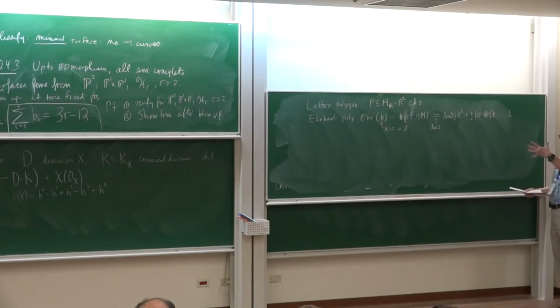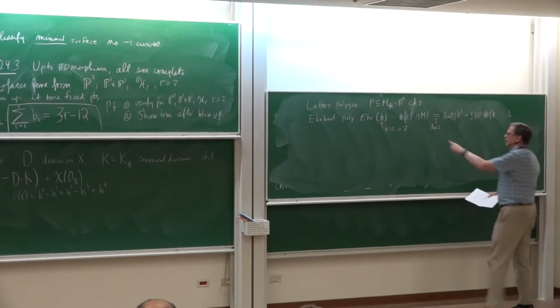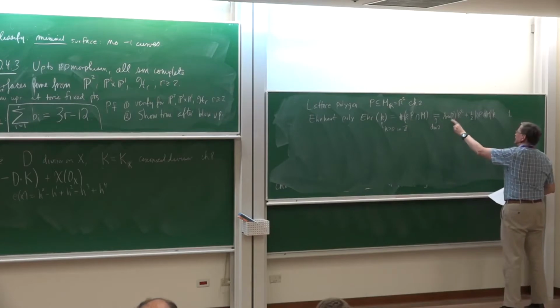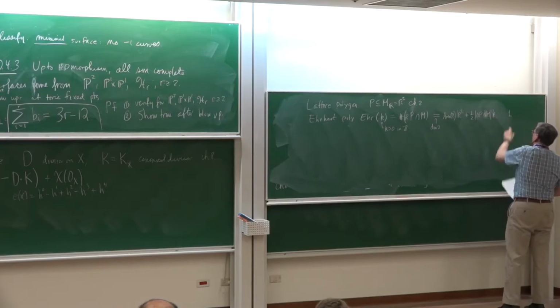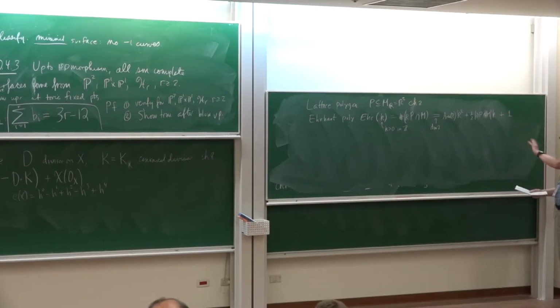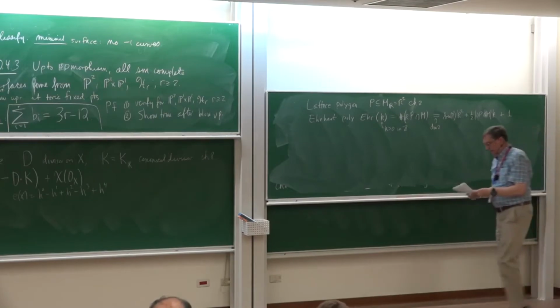This result is sometimes called Pick's theorem. For if you take k equals 1, you just get the area plus 1/2 times the lattice points on the boundary, plus 1. And so that's a very pretty formula for things in the plane.